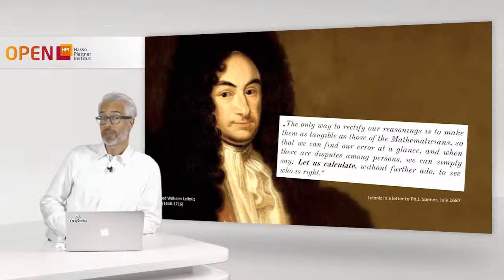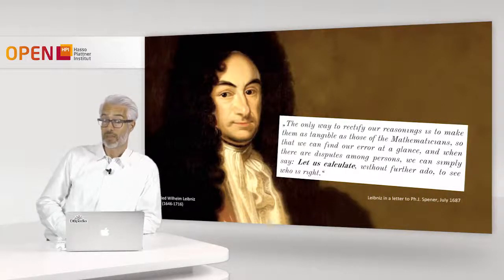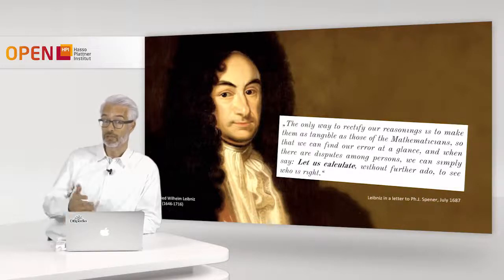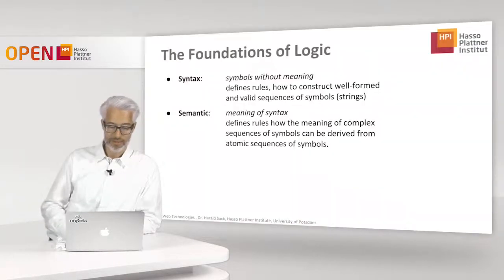So he already had the idea to express natural language with the help of something like a formal logic, simply to solve disputes and arguments. That is something we also want to do. We want to mechanize reasoning in that sense.